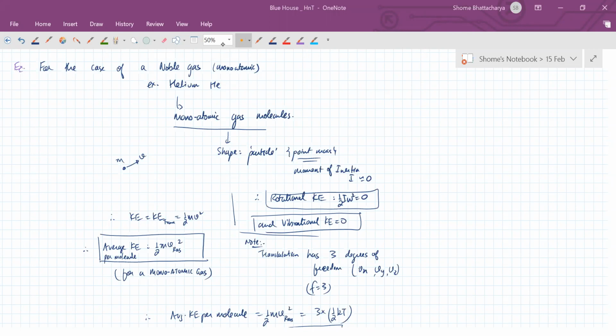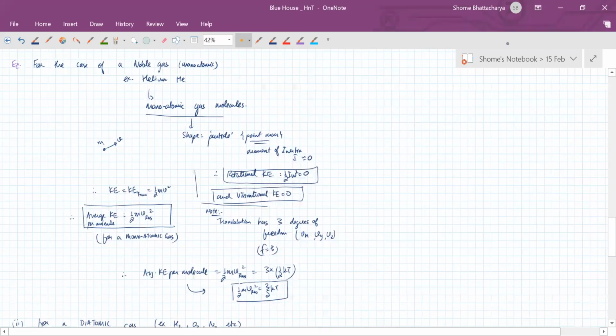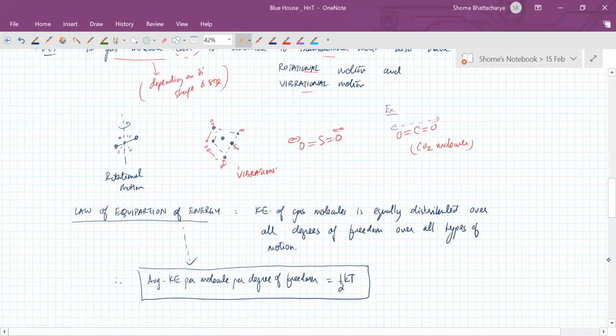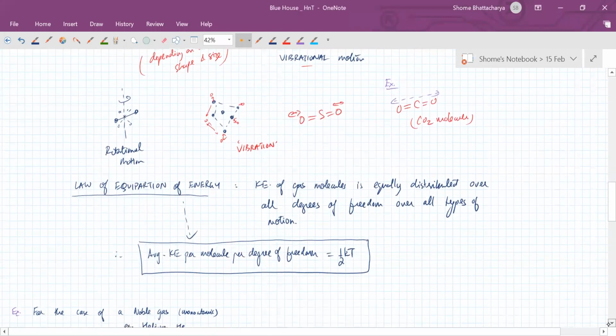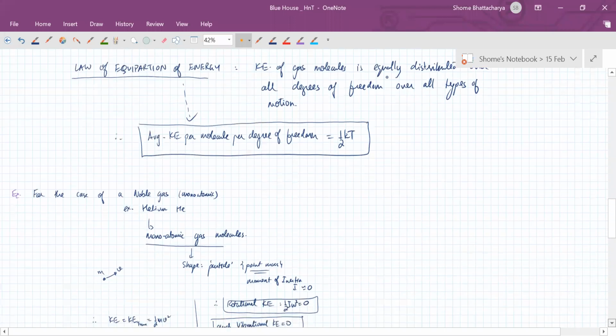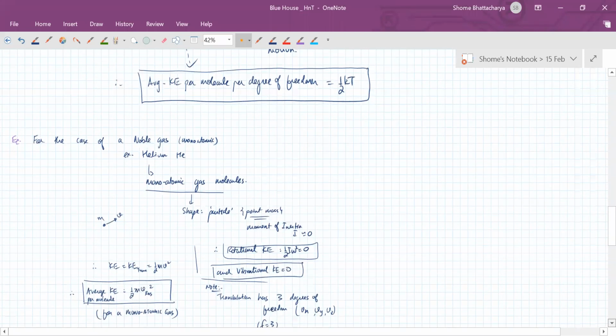Okay, so hope all of you understood the case of the monoatomic gas molecule, why it has only 3 degrees of freedom. Now let's come to diatomic molecules. Okay, so before this we had seen that average kinetic energy per molecule per degree of freedom is half kT as per the law of equipartition of energy.